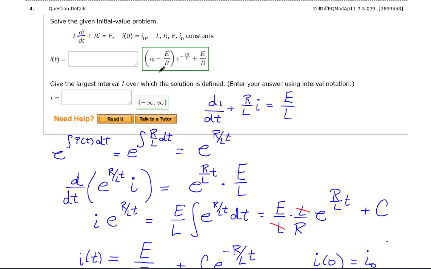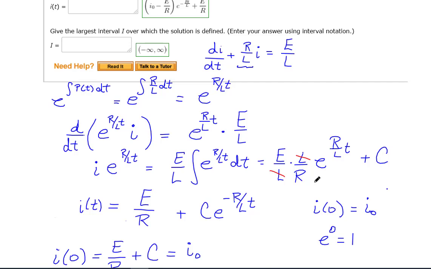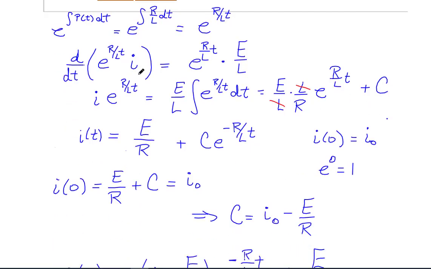So I divide through by L, and I realize that this piece, R over L, is my P. So my integrating factor is e to the R over L times t. All right, multiplying this across, integrating, let's see what happens when I integrate.